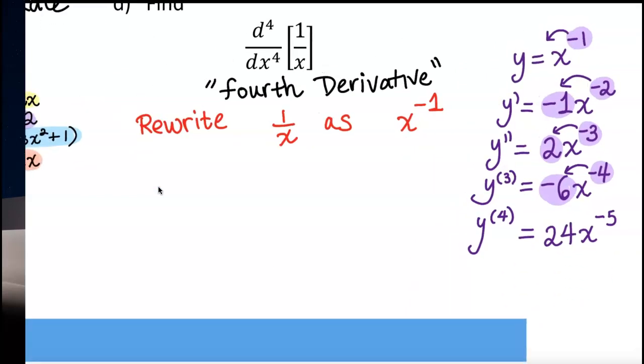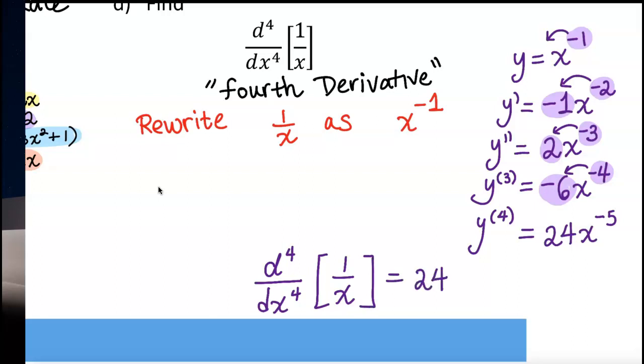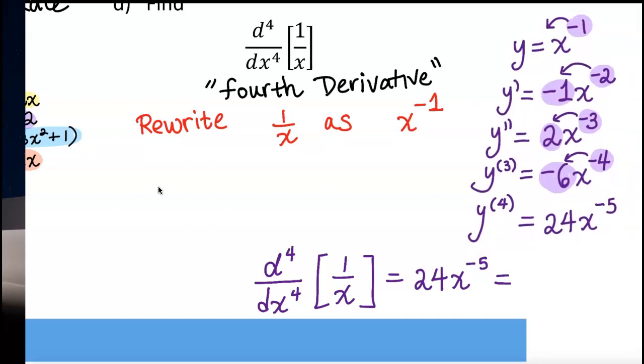I can say that the fourth derivative of 1 over x is equal to 24 times x to the negative fifth power, or we can put this back in a fraction format, with 24 on top, and in the bottom of the fraction, we can put x to the positive fifth power.